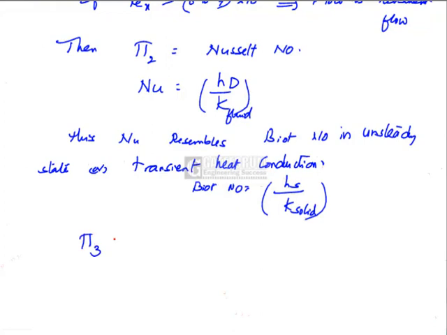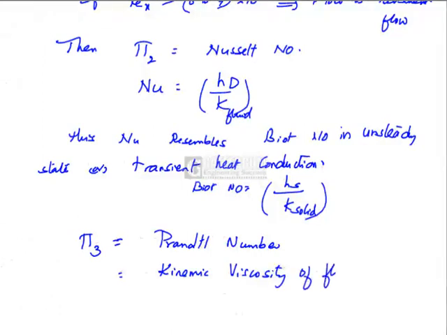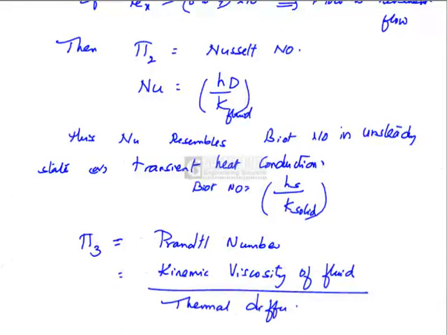Pi 3 is the other third number in the dimensional analysis. Pi 3 is Prandtl number, which is defined as kinematic viscosity of fluid divided by thermal diffusivity of fluid.